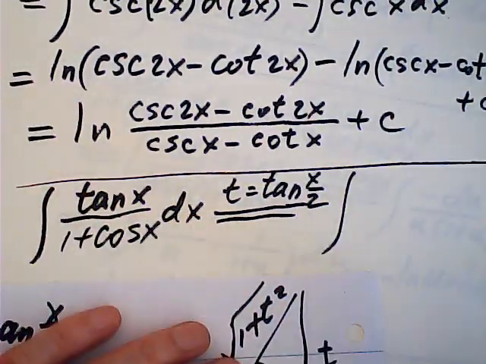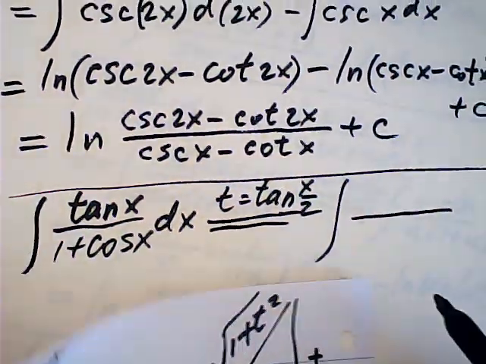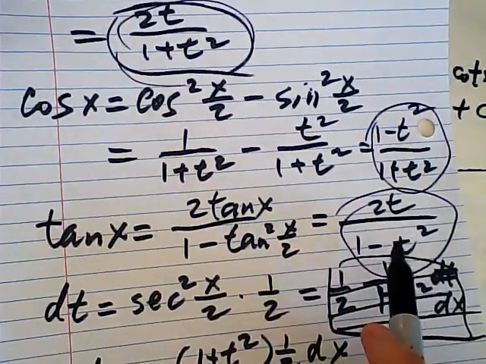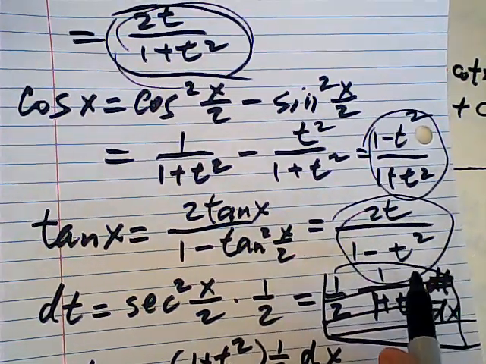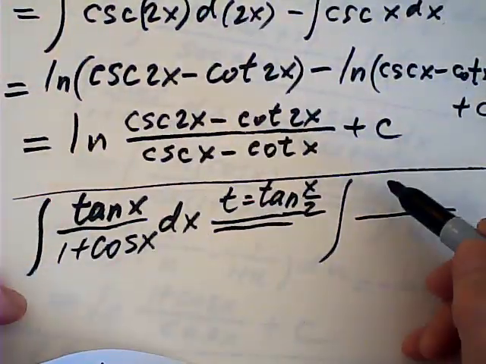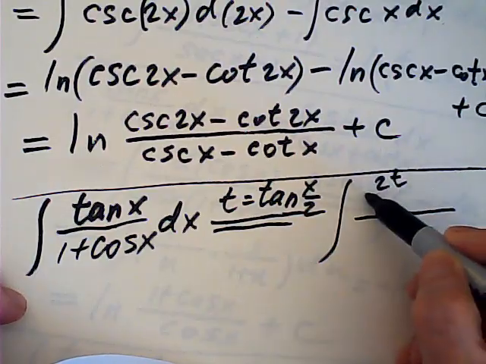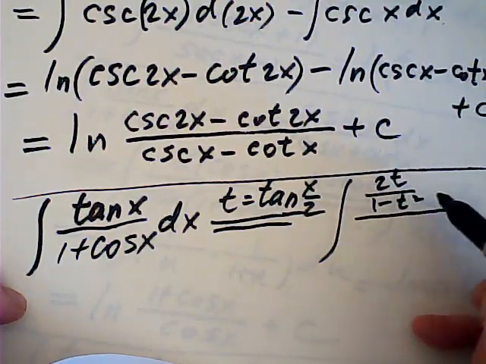Now I have tangent x is 2t over 1 minus t squared.